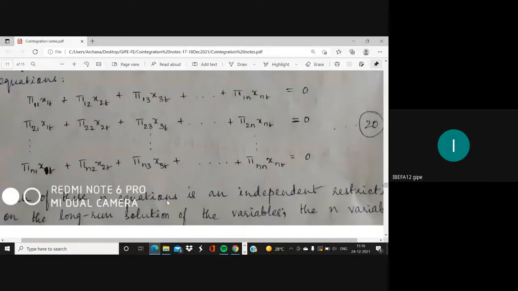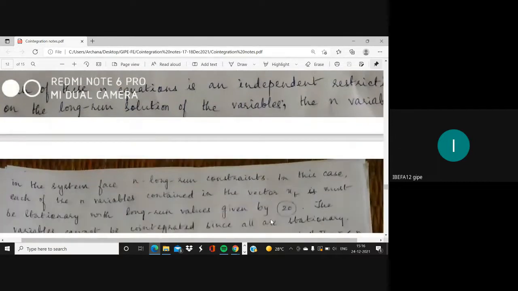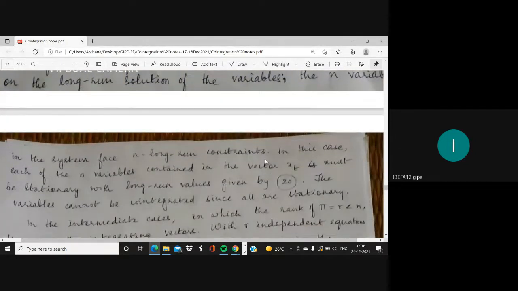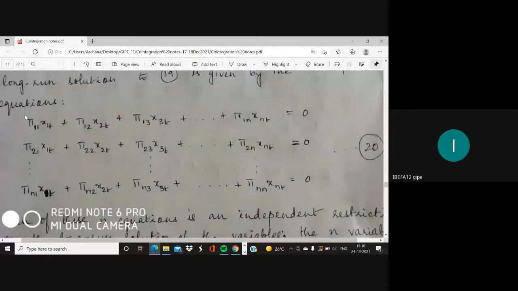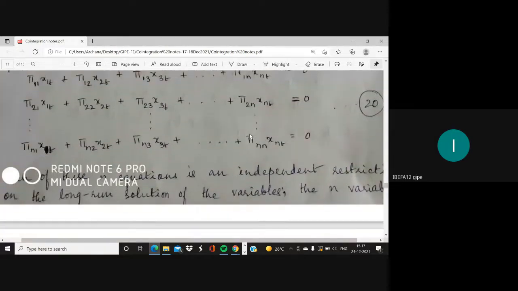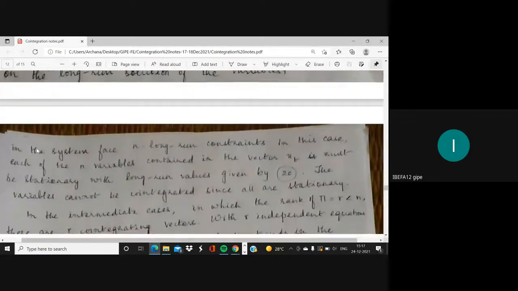Each of these n equations is an independent restriction on the long run solution of the variables. The n variables in the system face n long run constraints. Each of these variables will be evolving in a certain fashion, constrained in some way by these n equations.